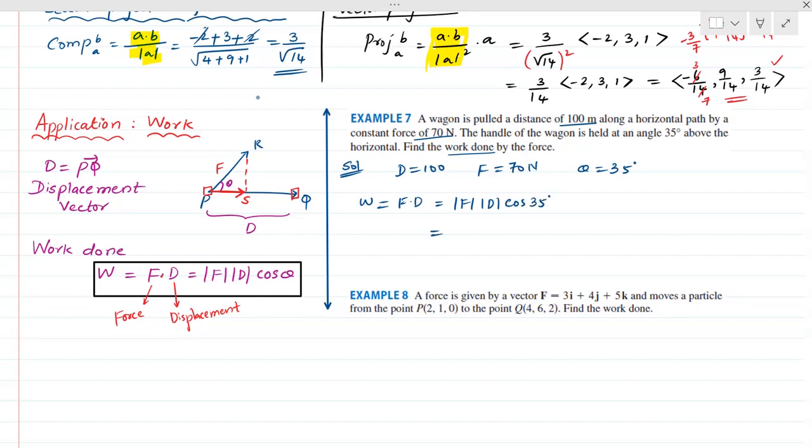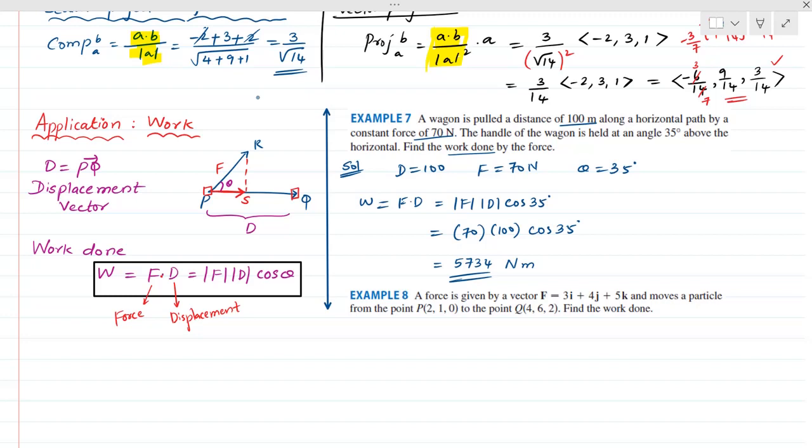Here I just substitute the values 70, 100, cosine 35. Because it is not a standard angle, use the calculator. You will get 5734, and the unit is joule, the work done. So this is the application problem.